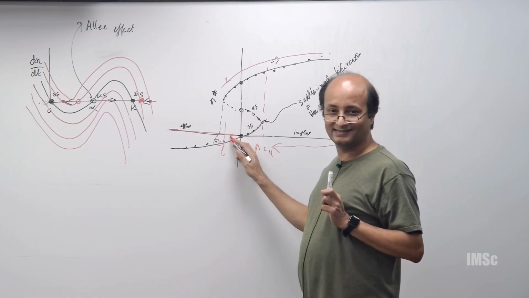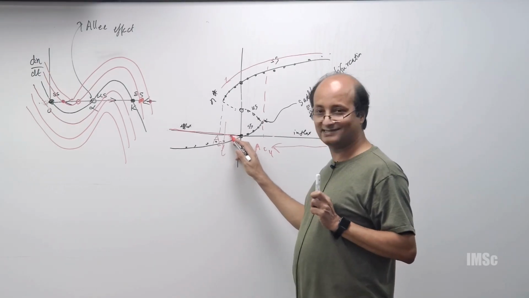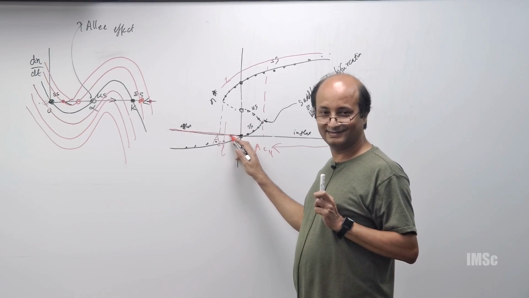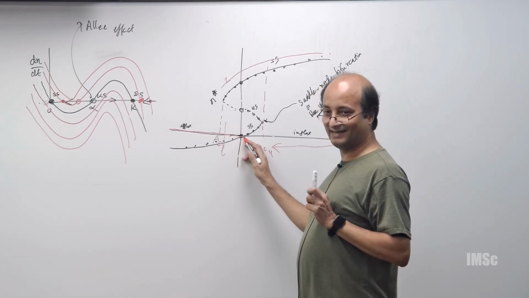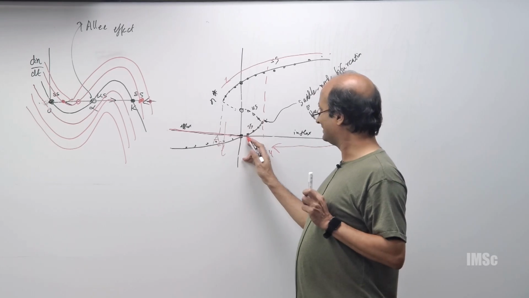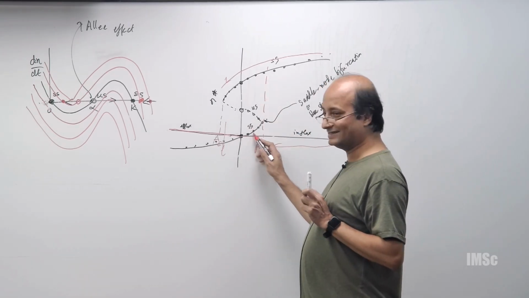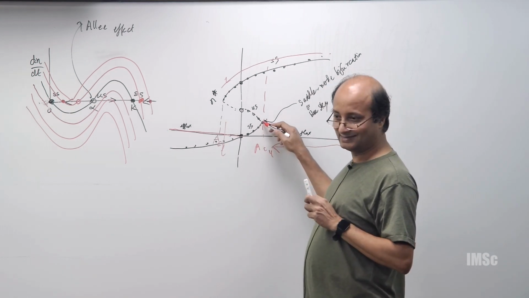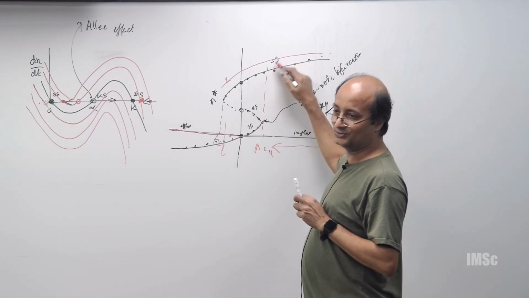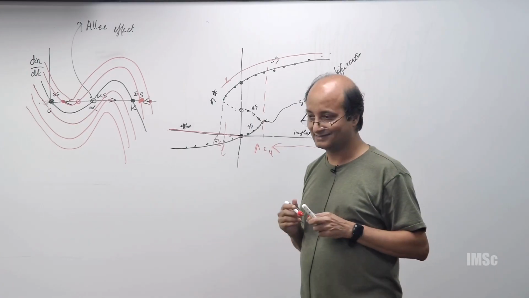But the problem is if you go here you are still stuck here. So you keep increasing A, and you find that instead of going back here it is just increasing very slowly, until at this point suddenly there is a huge rise in the stable population.